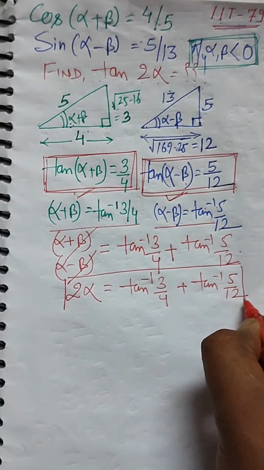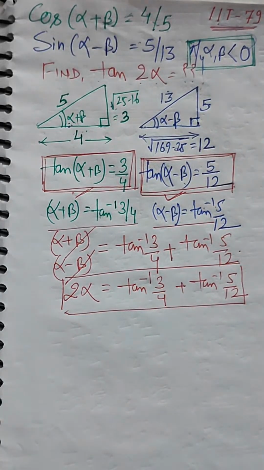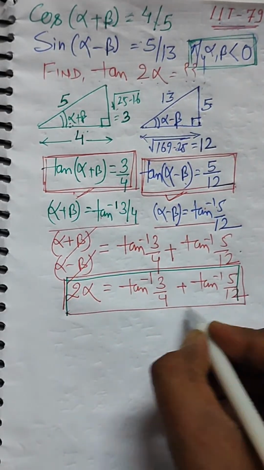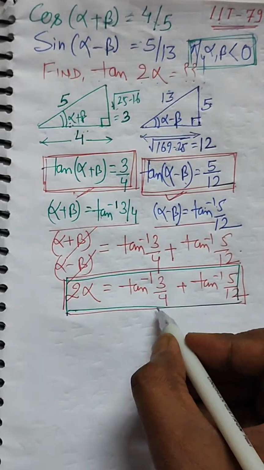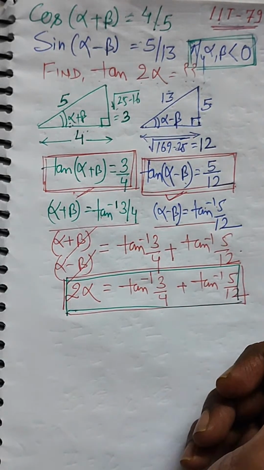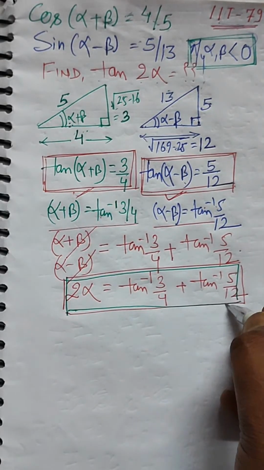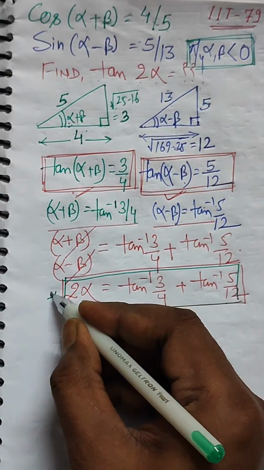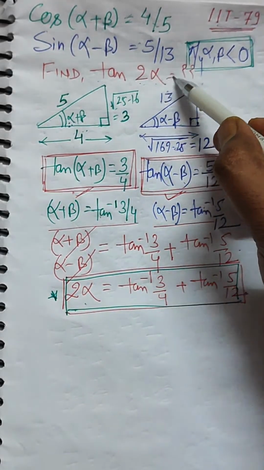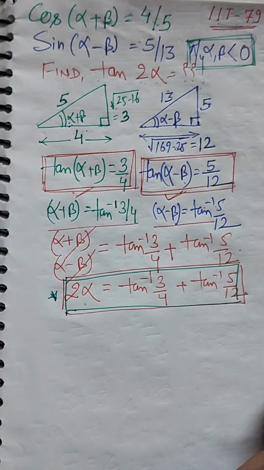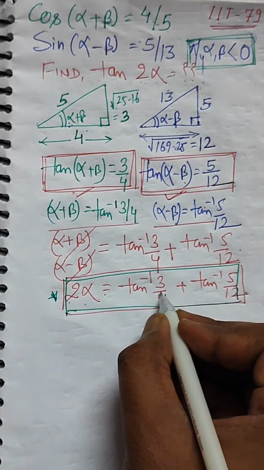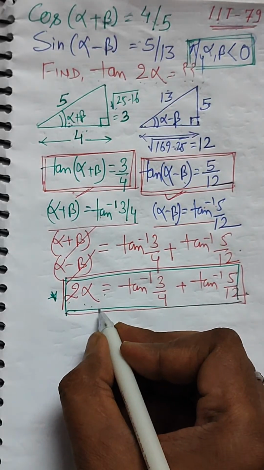Now this value is known to you, that is the value of 2 alpha, tan inverse 3 by 4 plus tan inverse 5 by 12. We have almost solved this question. Since this value 2 alpha is given to you and we have to find the value of tan 2 alpha, apply tan on both sides of the above equation which we have marked with a star.